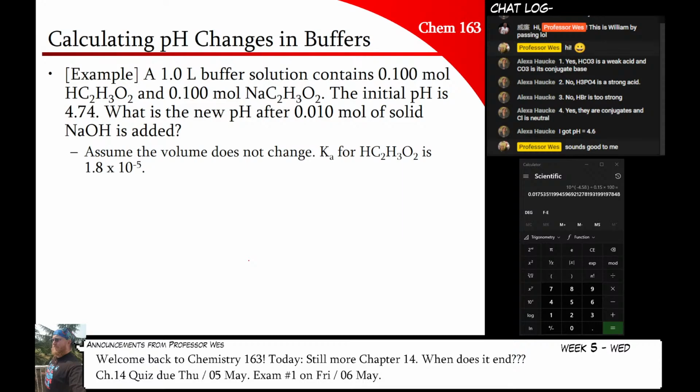But what I want you to do is try and tell me what the pH will be. Now, you're adding sodium hydroxide, so which direction should the pH go? You should get a number that is higher or lower than 4.74.